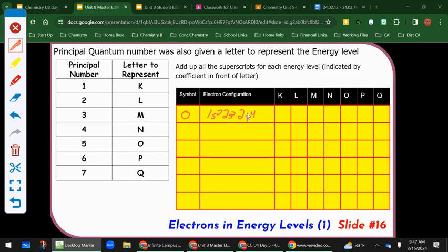2. Guess what? This can never be larger than what number? 2. Why? You can't fit more than 2 in the first. That's it. Okay, how many are in the second level? 4.